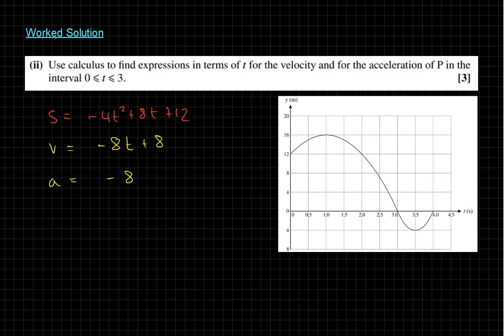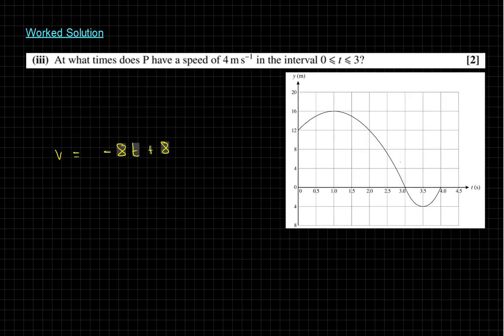Okay, so for that we're going to have to go back to our calculus. What did we just calculate here? We got v equals minus 8t plus 8. Let's put that here. So speed 4. Speed 4, interesting. Can we just put in 4 instead of minus 4? Well, let's see what happens.